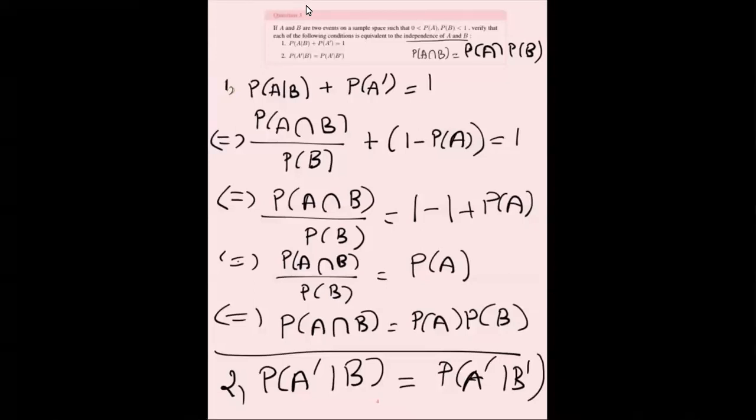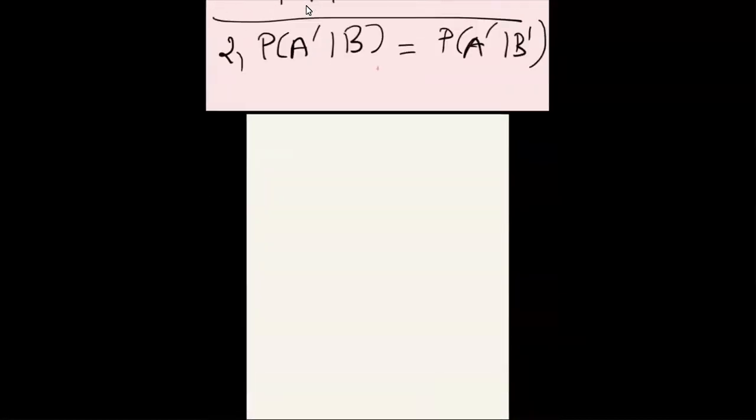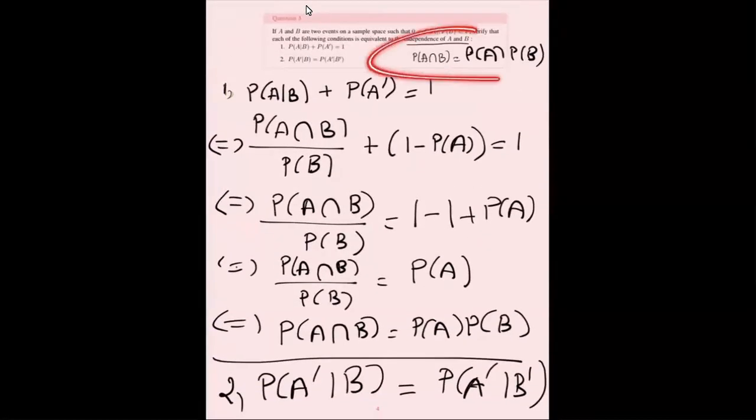Because it's saying that knowing B happened, the chance that A complement happens is the same as when you know B does not happen, which means knowing B happens or not does not change the chance for A complement to occur. So it just means it doesn't change the probability for A to occur as well. So it means that A and B are independent. So that's how you explain it intuitively. But mathematically, you still want to bring it to this expression.